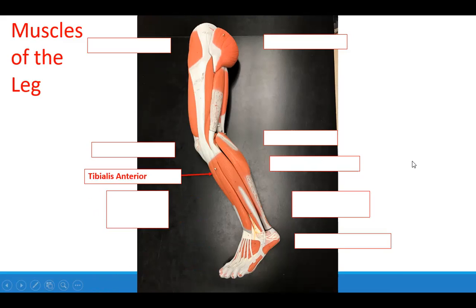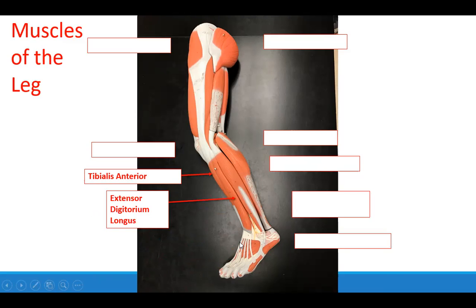First thing we see is the tibialis anterior in the lower leg. It's on the front of the tibia. It runs right next to the anterior crest of the tibia. We also have what's known as the extensor digitorum longus. This is immediately adjacent to the tibialis anterior.